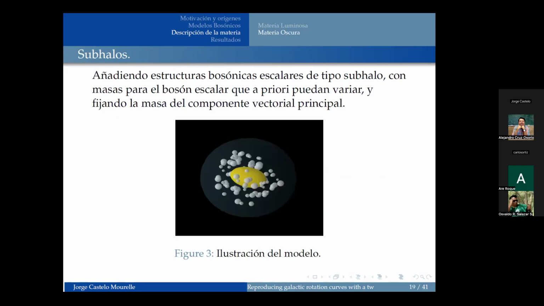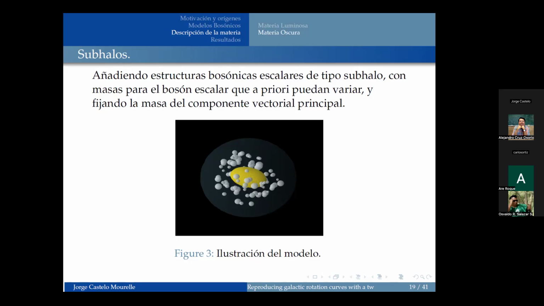So I am starting by just explaining how to parameterize this kind of subhalos, and then we will see the results. So there is a way, also studied in literature, that we maybe have two components of halo, one that is the main one, the principal one, the big one, and then some dark structures around.